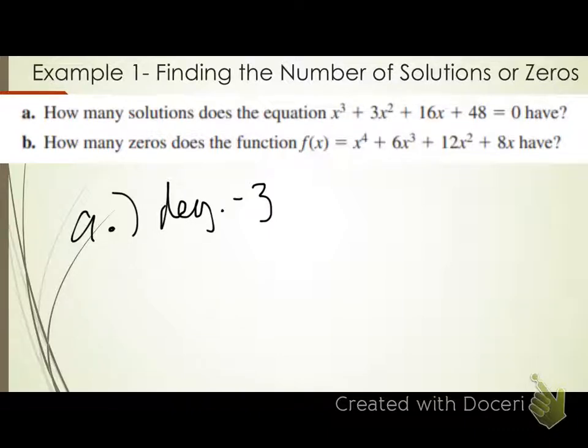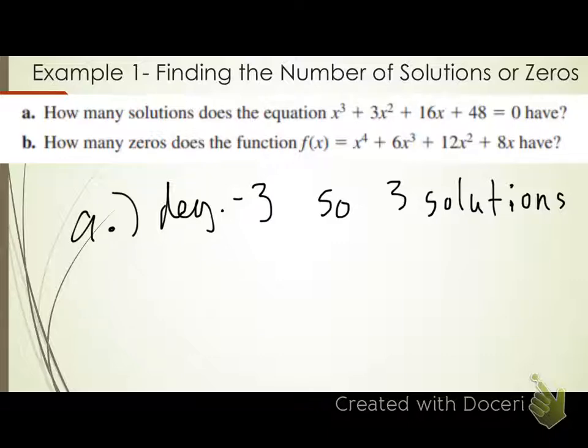So based on the fundamental theorem of algebra and its corollary, that means that this polynomial equation has 3 solutions. The number of solutions matches the degree of the polynomial.